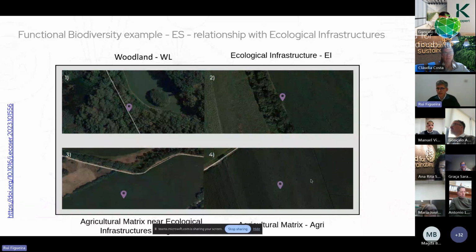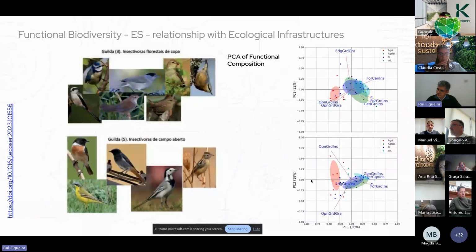So in these different situations, we could see that depending on the habitat, we have different types of bird communities. We have guilds, so we can measure, in fact, how these guilds provide their service in pest control. And so we could see that for each of the different types of habitats, we have different guilds, different species composition, and the way they use the environment for feeding is different.